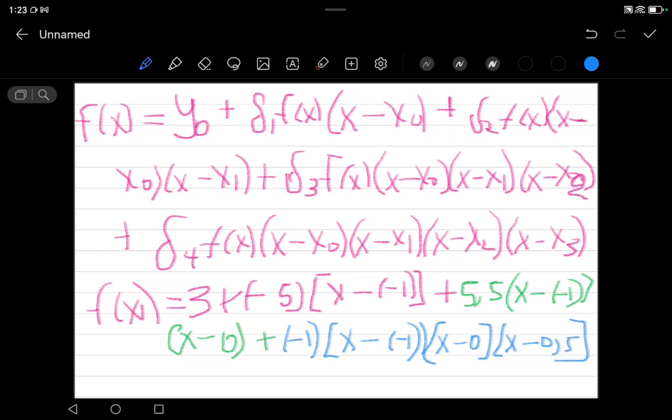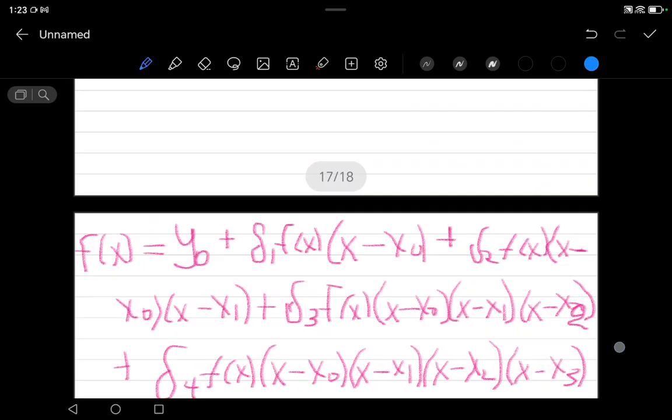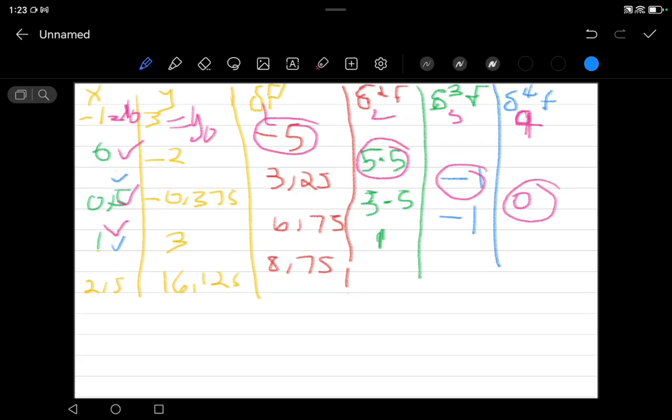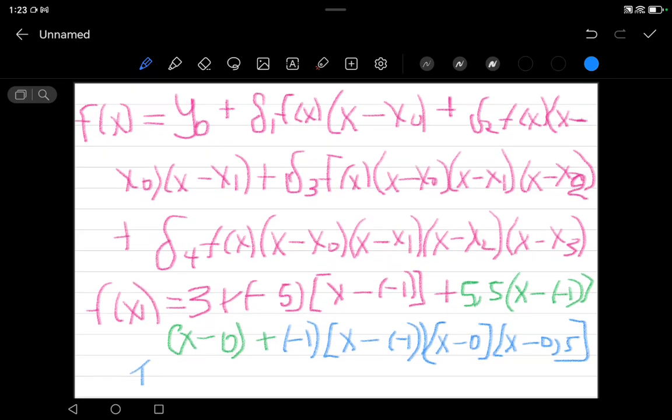Okay, and then plus delta 4. Our delta 4 is 0, so 0 multiplied by this is going to be 0, so it's going to be plus 0, and then after here we're going to simplify. So it's going to be 3 plus negative 5 multiplied by x, and then negative 5 times negative 1 is going to be a positive 5.